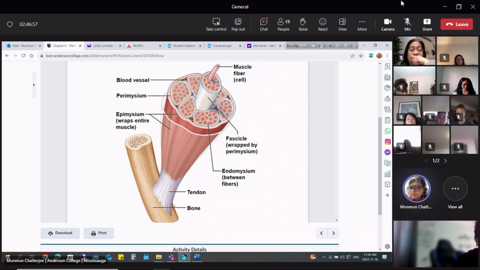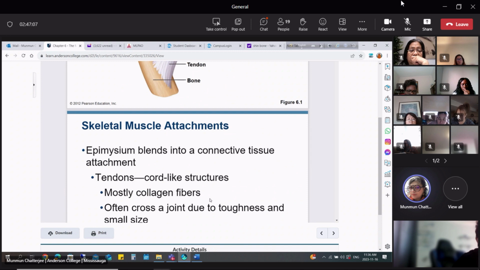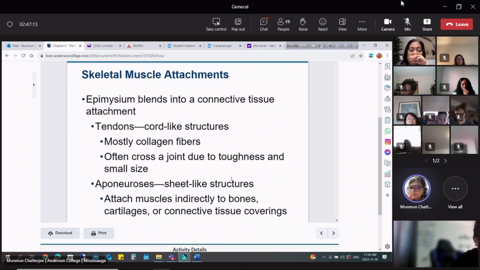And then it's going to form a tendon when it's attaching to the bone. So epimysium blends into the connective tissue attachment. Tendons are cord-like structures. Once again, I repeat, it connects the muscles to bone.